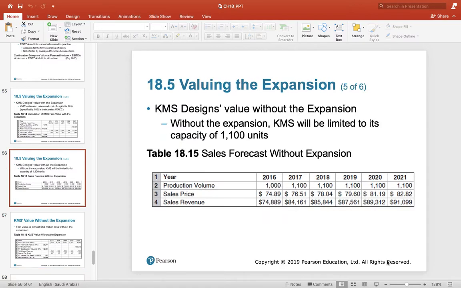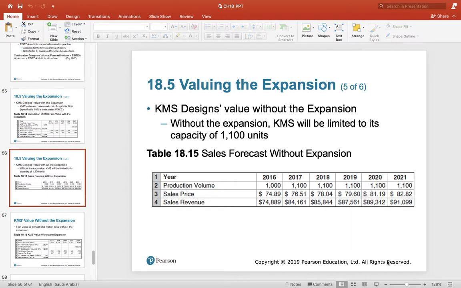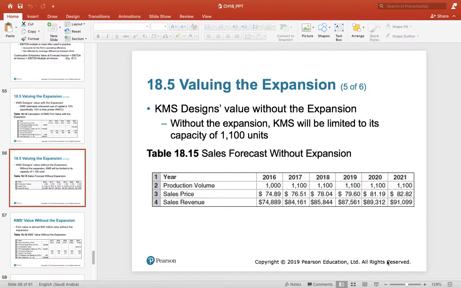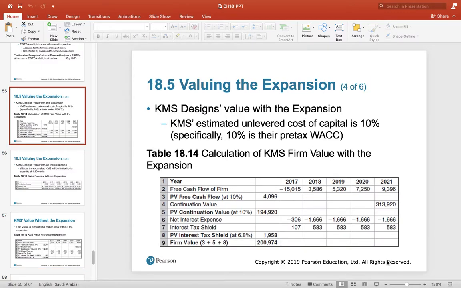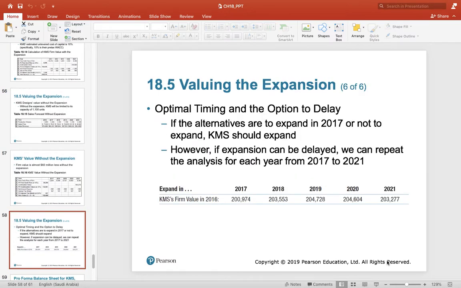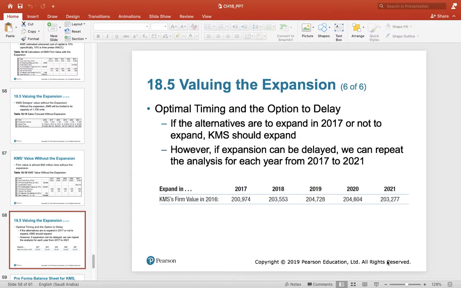If you are doing expansion, your firm value is 200,974. If you are not expanding, your firm value is 142,686. Without expansion, firm value 142,686. With expansion, firm value 200,974. So because of the expansion, the company could make 60 million extra cash flow. So the company should go for expansion.